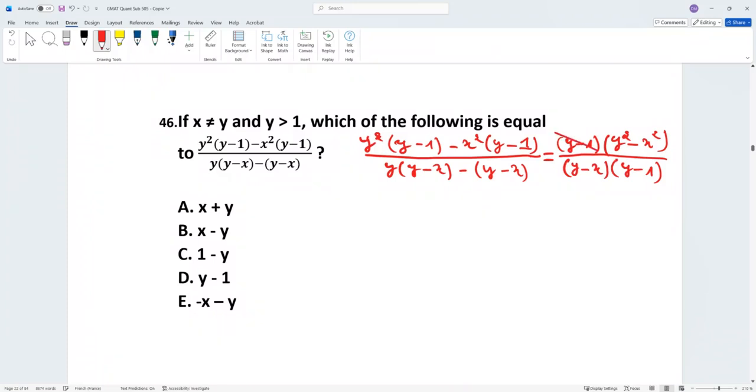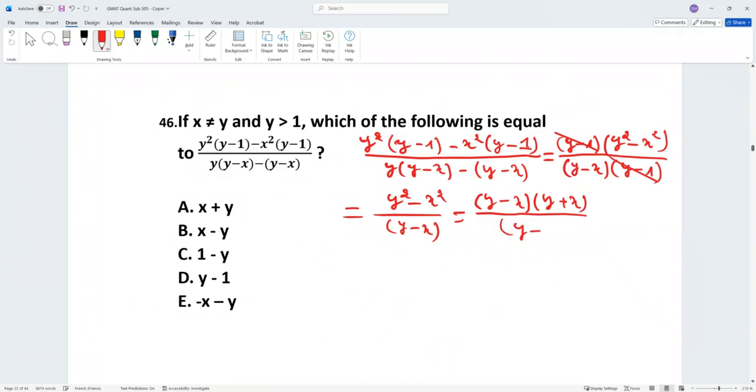So this will cancel, and here we will have y squared minus x squared over y minus x. This can also be written as y minus x times y plus x over y minus x.